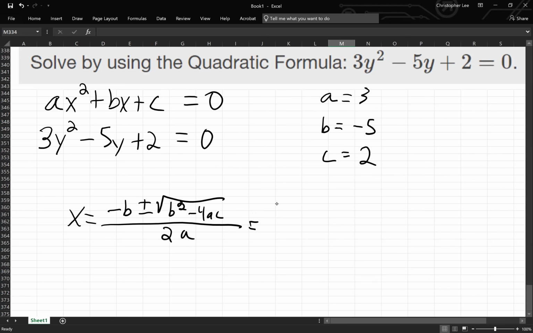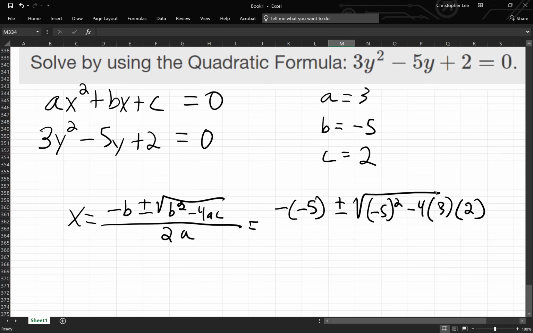And this is going to be negative of negative 5 plus or minus square root of negative 5 squared minus 4, A is 3 and C is 2, and all of this is divided by 2 times A, which is 3.